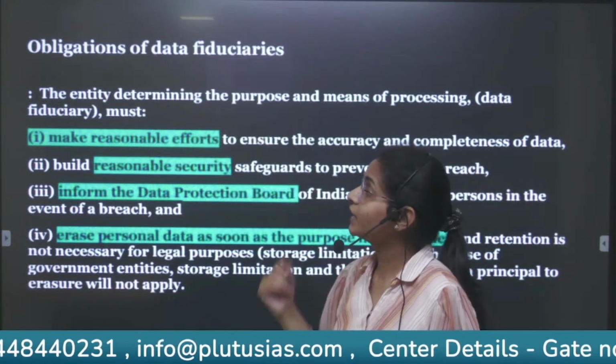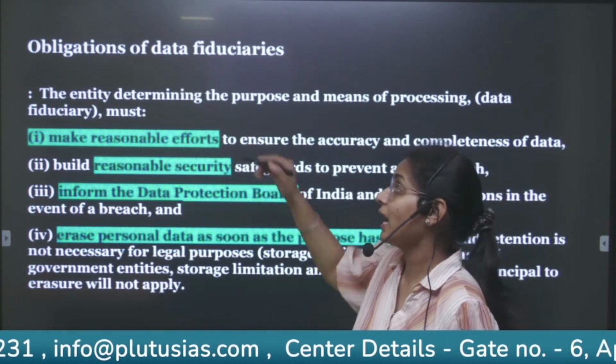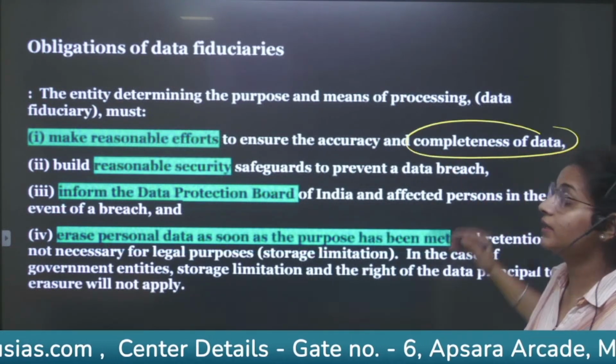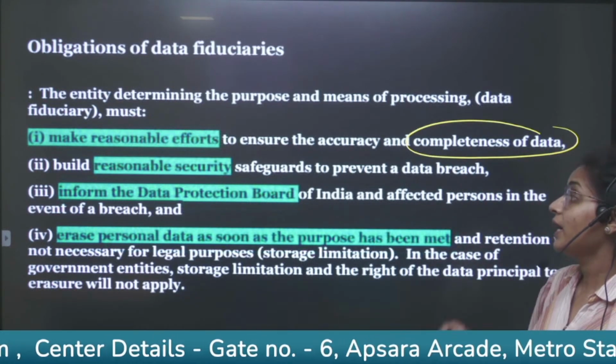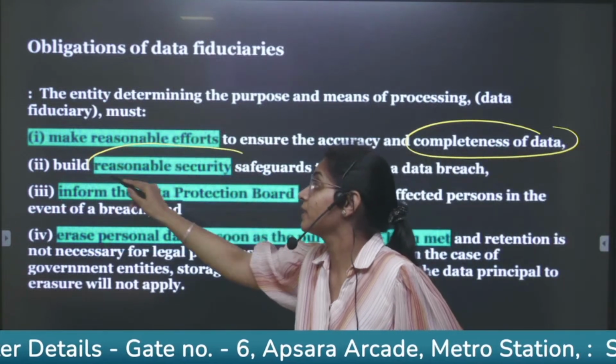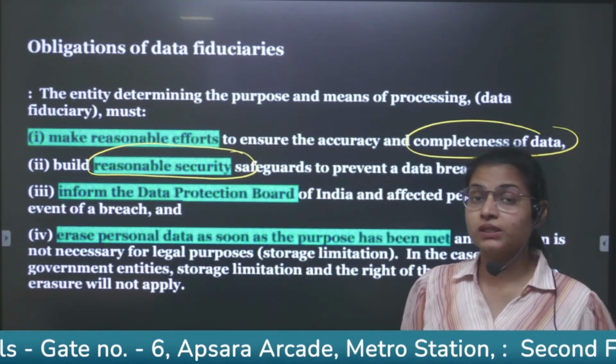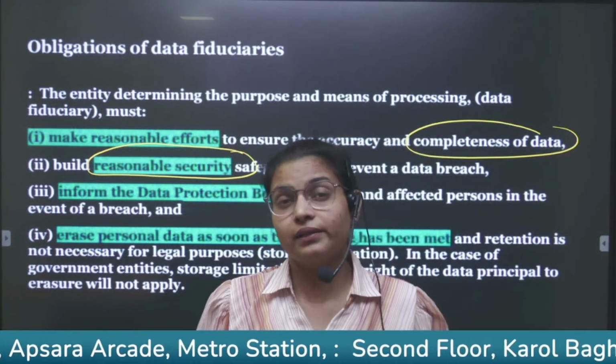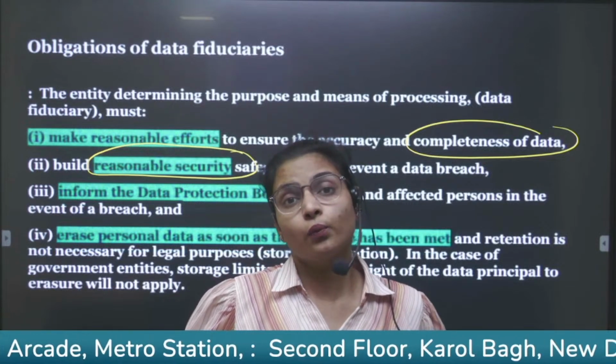Now the obligations of the data fiduciaries are they have to make a reasonable effort to see whether the data is complete and accurate, and they also need to provide reasonable security for the data. And recently the court has also said that Aadhaar data is vulnerable.